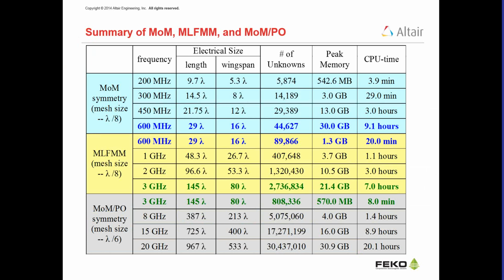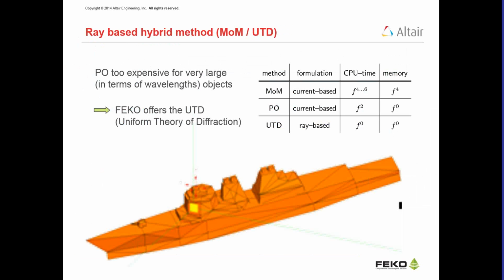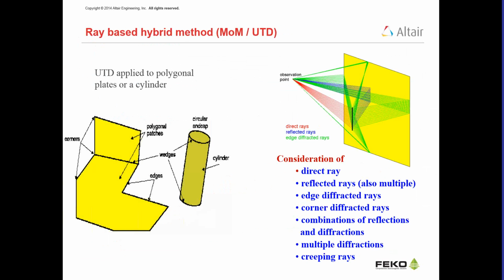both of these technologies. So going beyond physical optics, FEKO also provides a method called uniform theory of diffraction, where you don't need to discretize the object. You can model the object as flat plates. That's one of the limitations of UTD, that you have to model the object as flat plates.